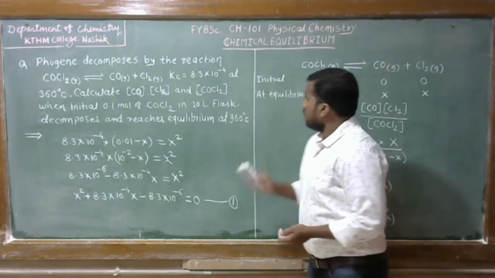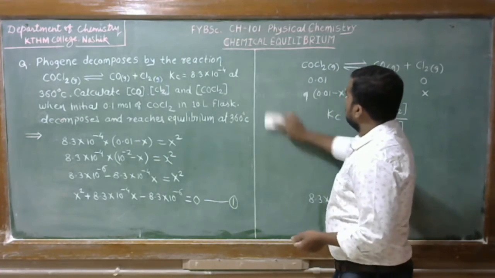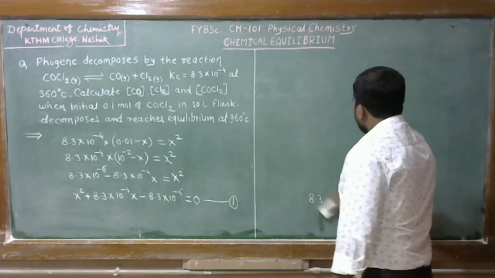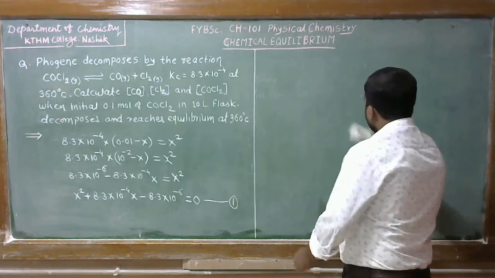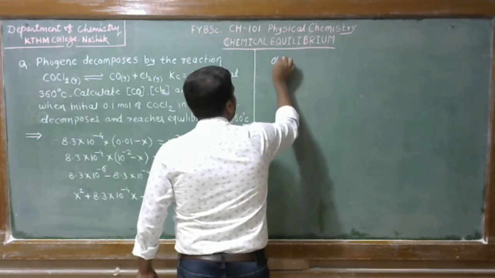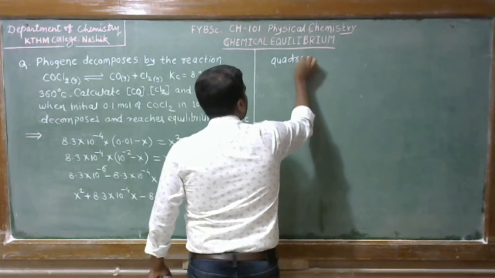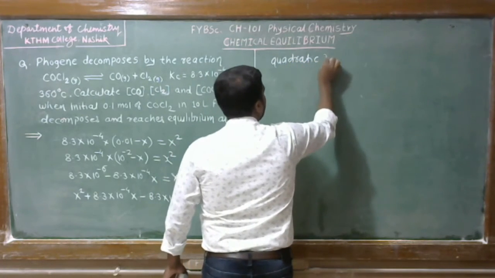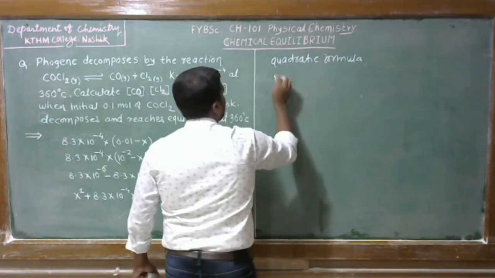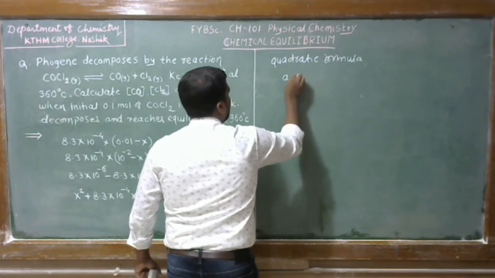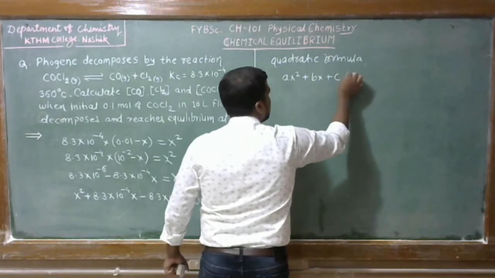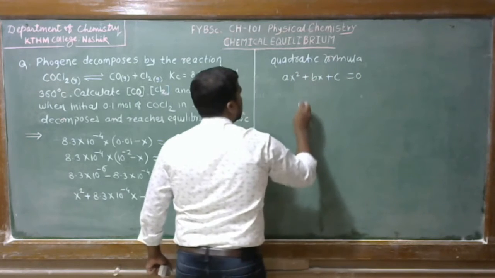Now equation number 1 we have to solve by using the quadratic formula. So the quadratic formula is for AX square plus BX plus C is equal to 0.